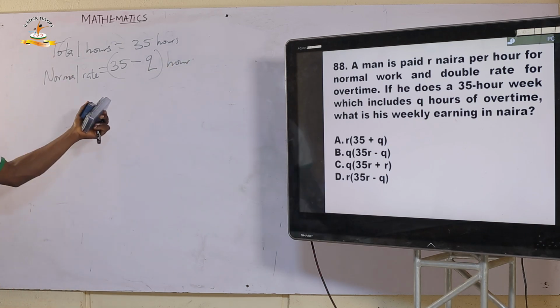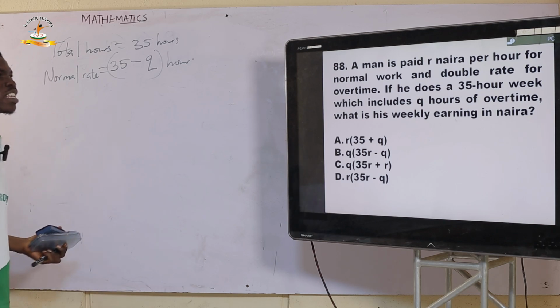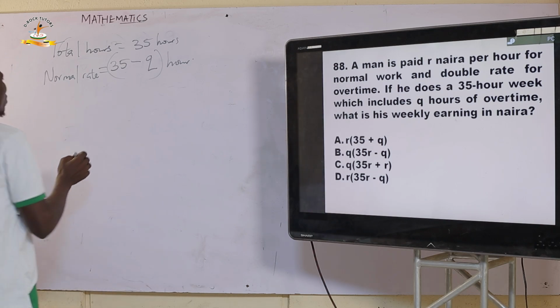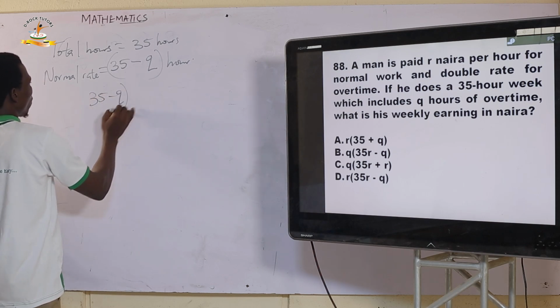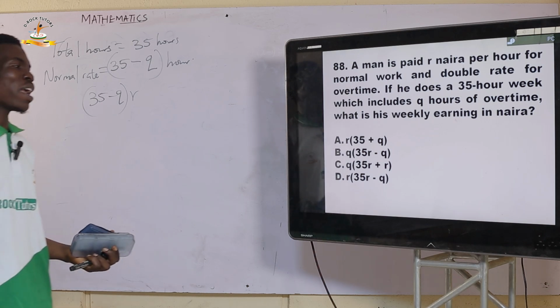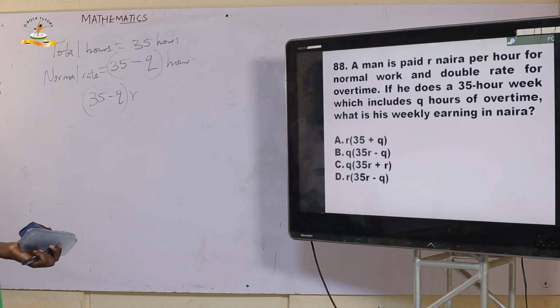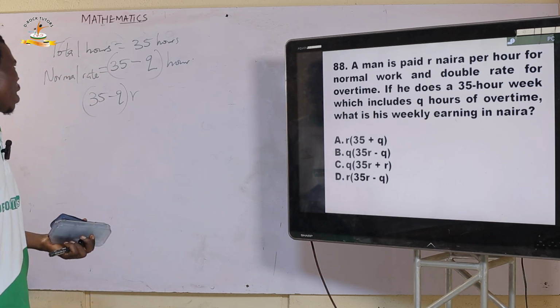To pay him for this amount, don't forget he's getting paid R per hour. So he's going to get 35 minus Q multiplied by R. And that is what is paid in a week. So 35 minus Q multiplied by R.